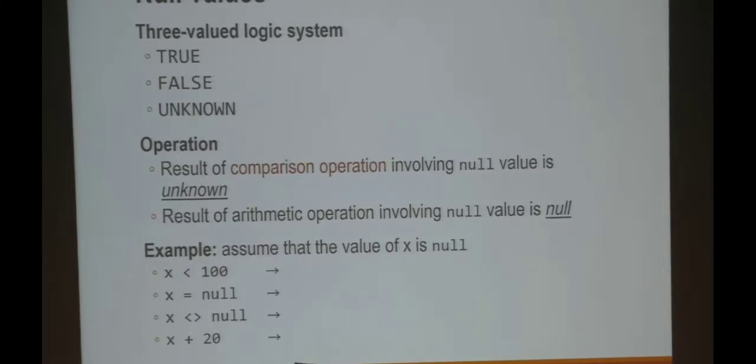If this one is covering the value of 1, then yes, this is equal. But unfortunately, this one is 7. Because you do not know what value this is, the answer must be unknown. So that's the reasoning behind why an operation involving null gives you unknown.